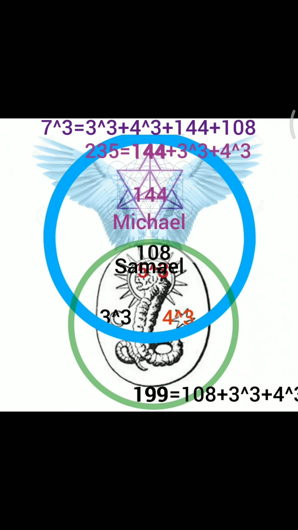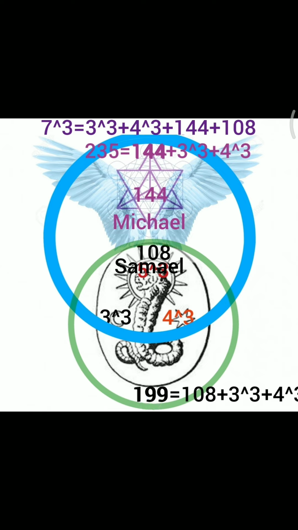I don't know for sure, but this 199 guy is below 200. So he belongs to the same dimension as we belong, but he is the highest. Below 200, 199 is the highest number.